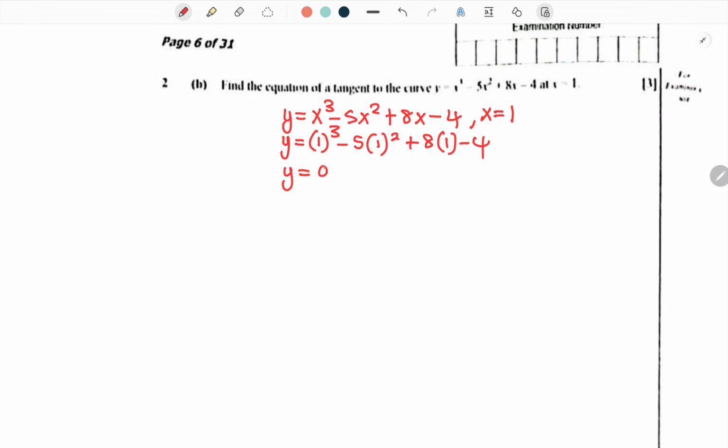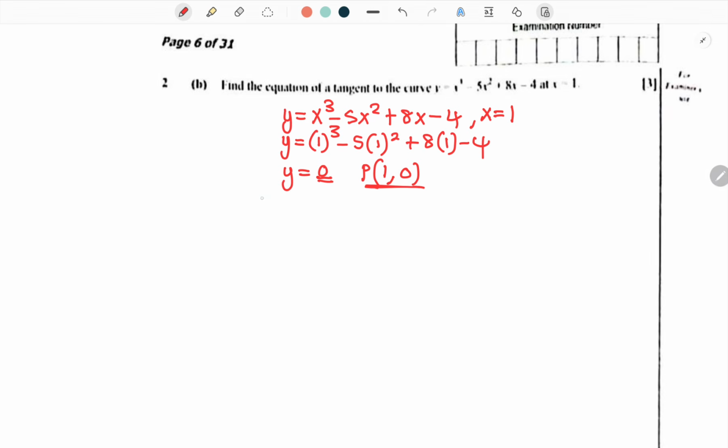Notice that I'm getting a 0 here, meaning my equation is going to originate from the point (1, 0). Now, having done this, we can now find the gradient.